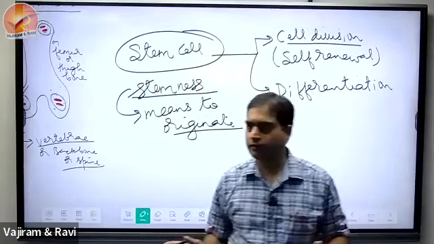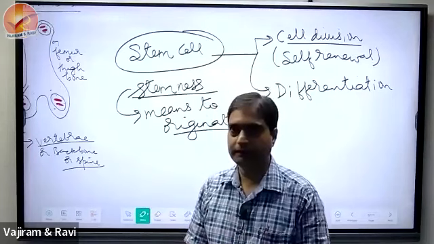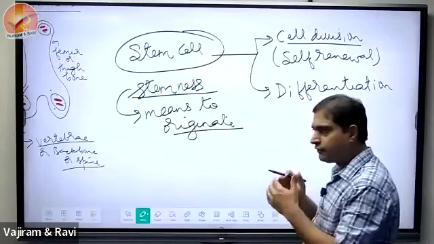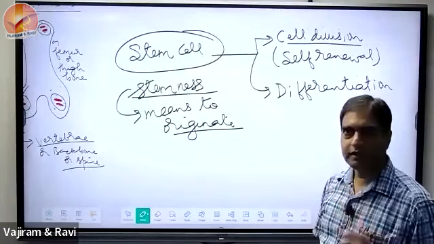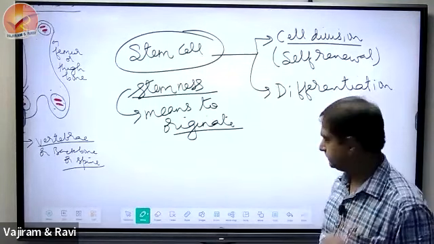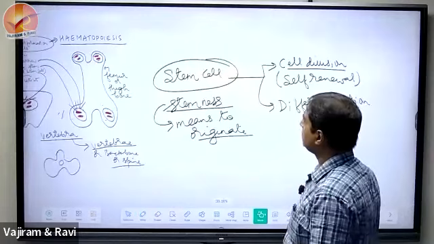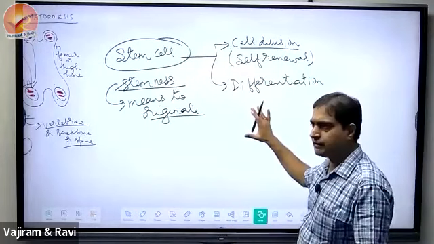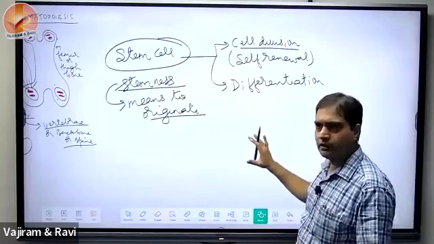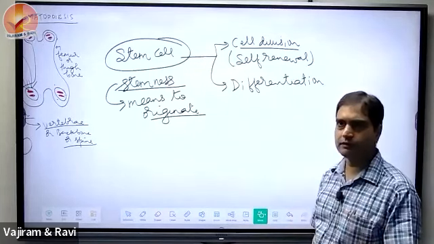That is known as differentiation, to perform a specific task for the survival of the body. So these are the two fundamental properties: one is cell division, another is differentiation or functional specialization.